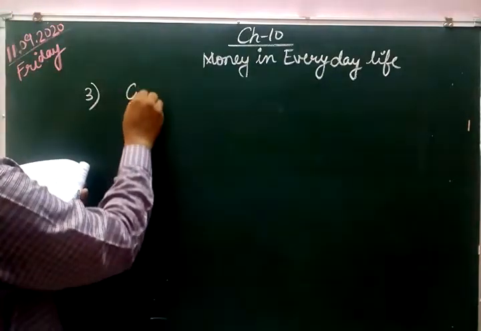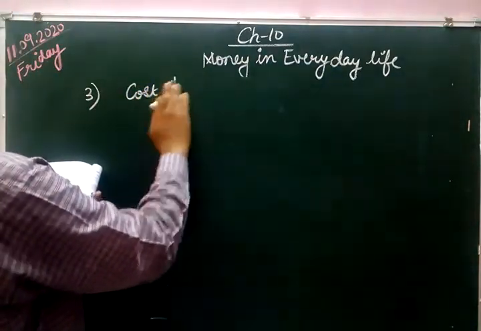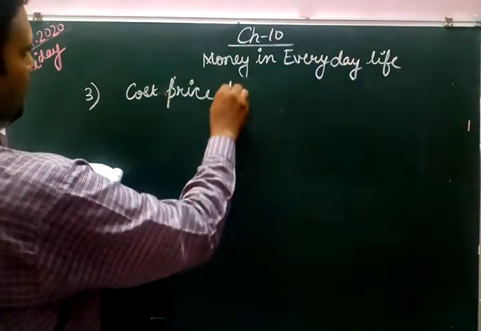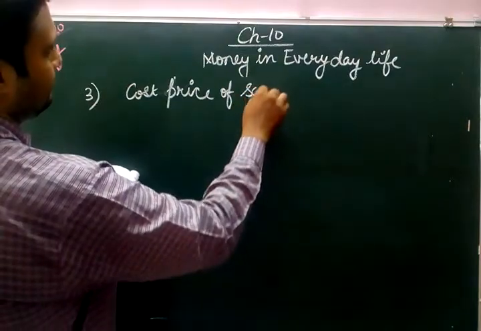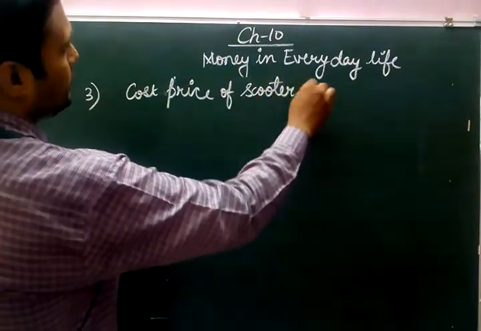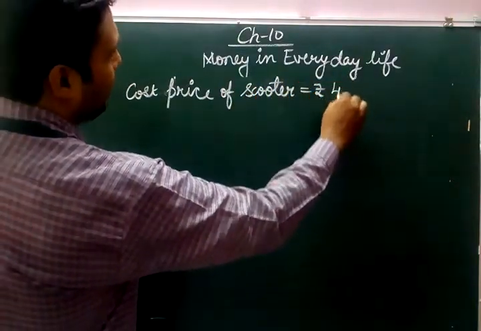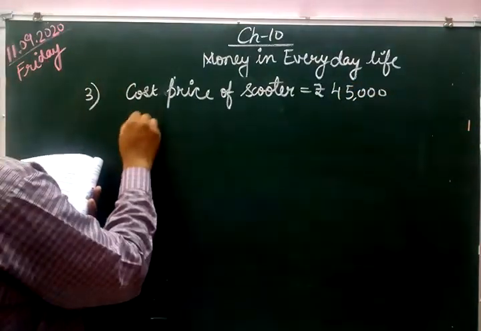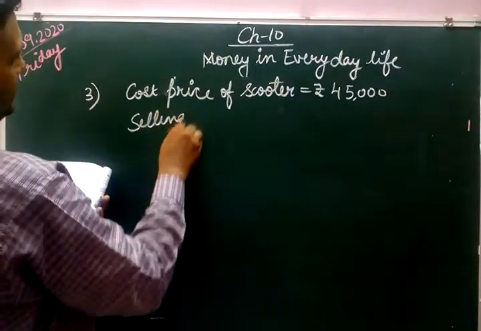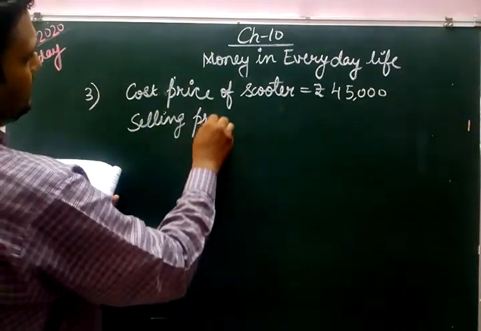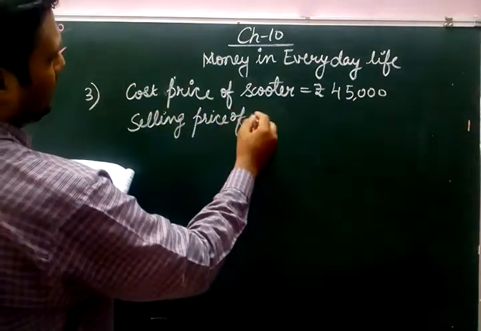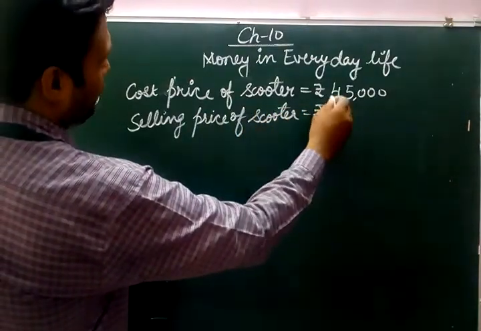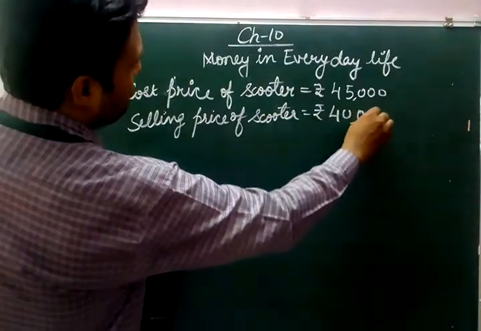Now, the cost price of the scooter. What is the cost price of the scooter? Rupees 45,000. So this is the cost price of the scooter. And the selling price of the scooter is rupees 40,000.